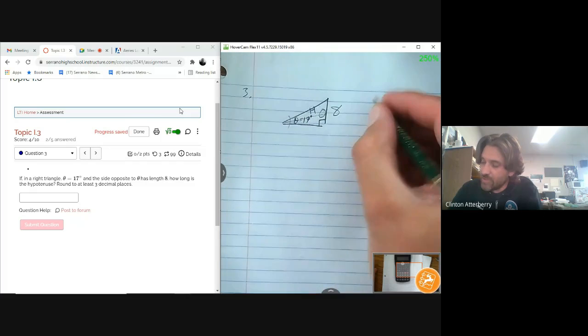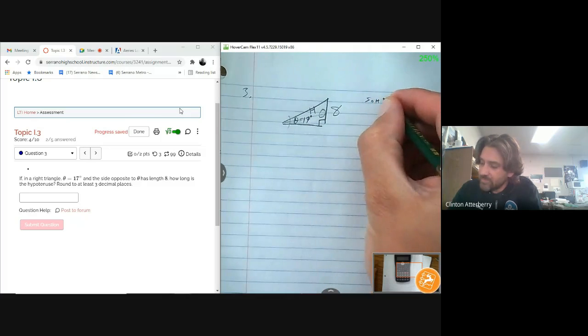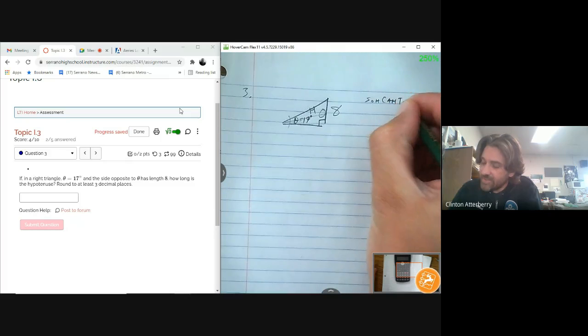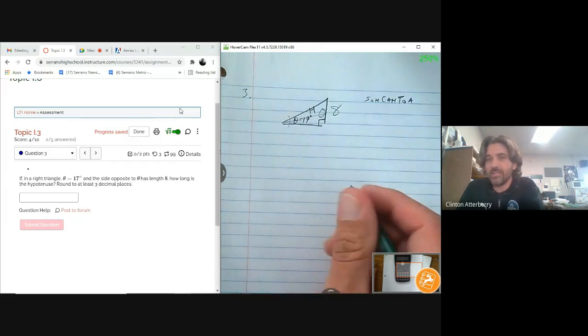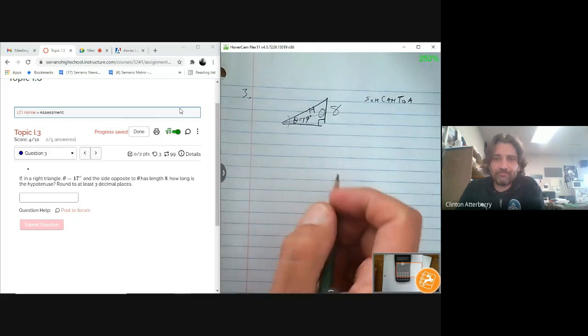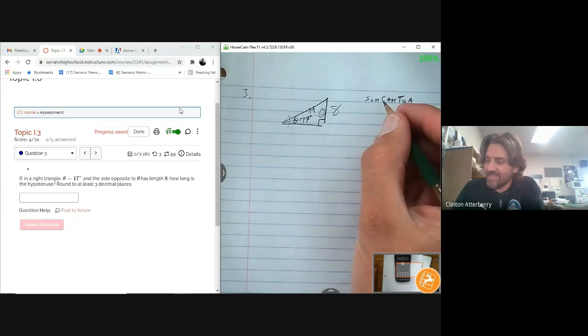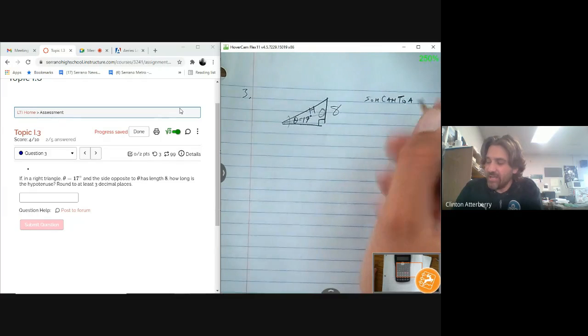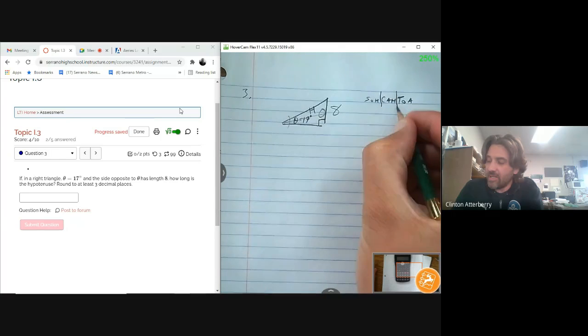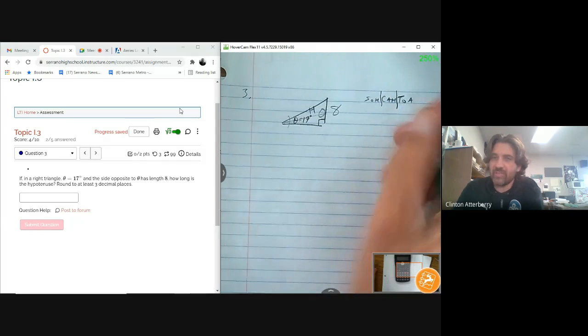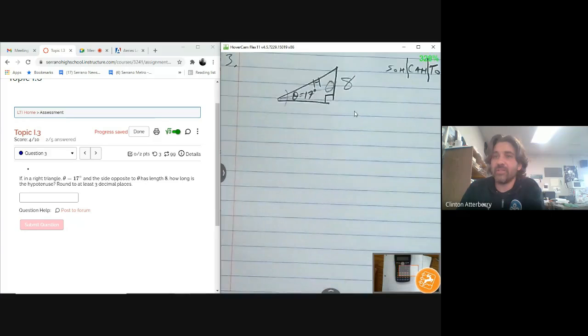So let's think about SOHCAHTOA. That is the mnemonic to remember all of your basic sine, cosine, tangent ratios. SOHCAHTOA means sine is opposite divided by hypotenuse, cosine is adjacent over hypotenuse, and tangent is opposite over adjacent.